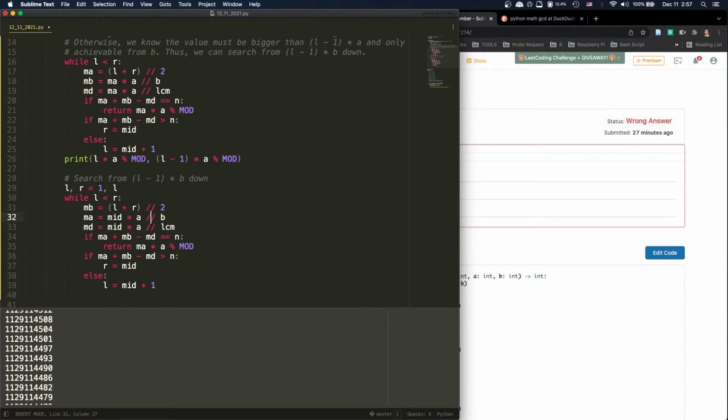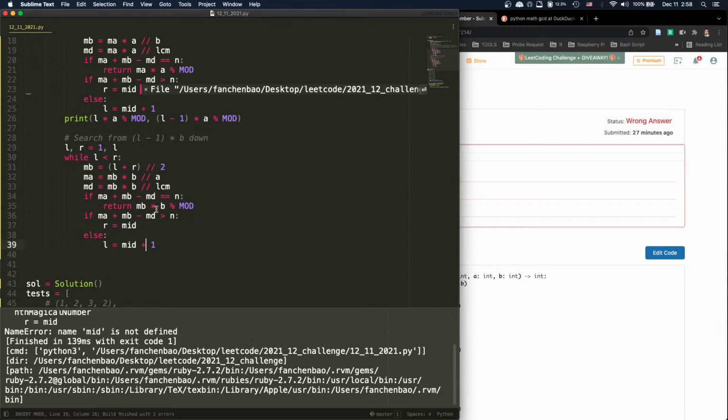And MA is going to be MB times B divided by A is going to be times B divided by this. And then we do this equals this. We're going to say MB times B mod. Right? Otherwise, we say if this is larger, then R is mid, elsewise L.